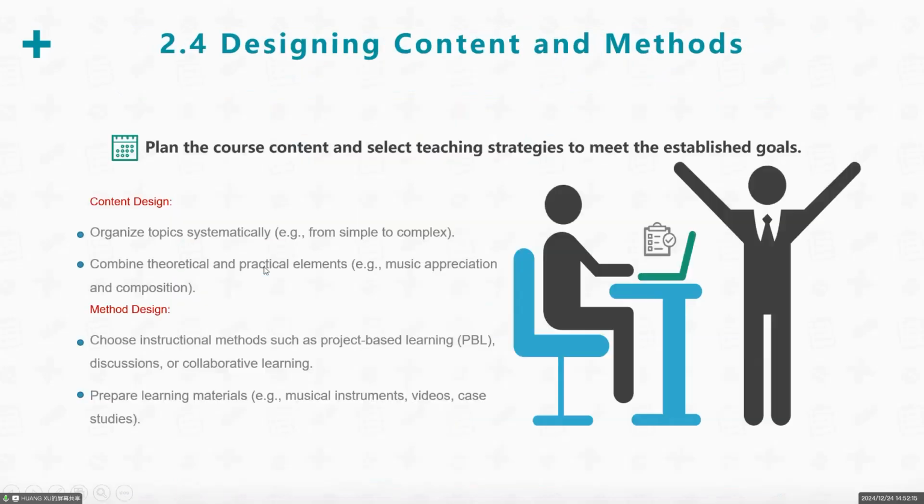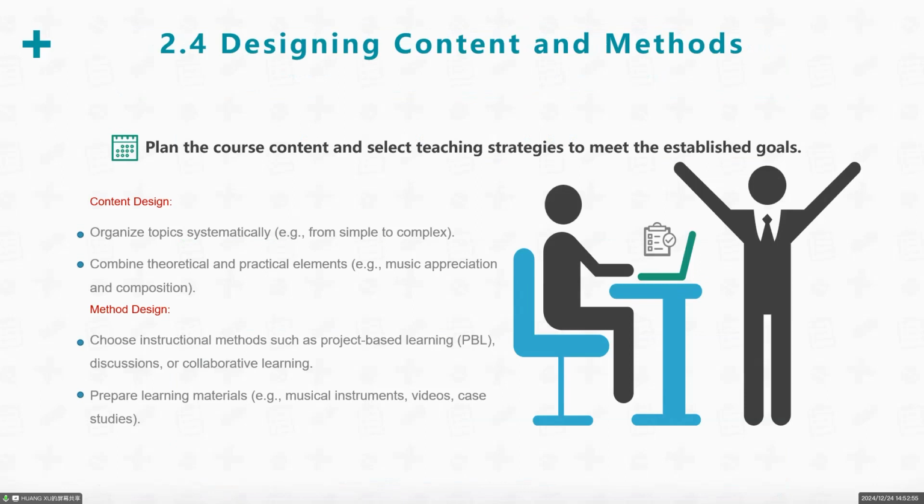Next, I will talk about designing content and methods. What is this? First, it is planning the course content and selecting teaching strategies to meet the established goals. Content design is organizing topics systematically, for example from simple to complex, and combining theoretical and practical elements, for example music appreciation and composition.